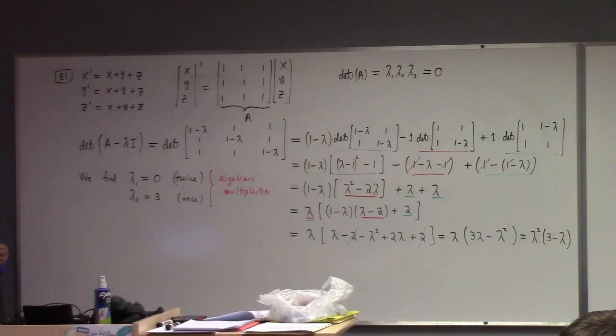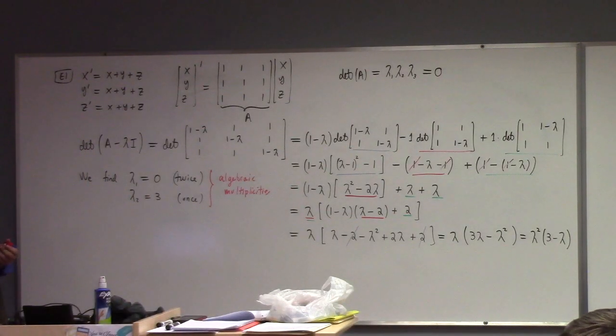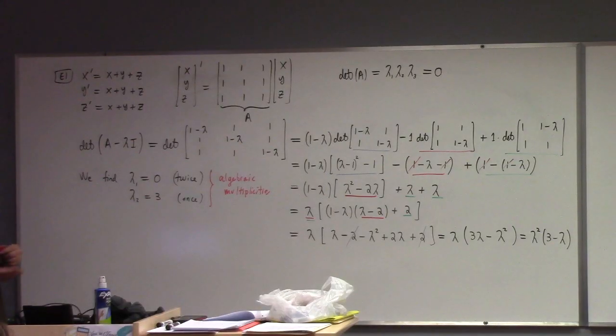Now, the theory of linear algebra says that you can have as many eigenvectors, independently speaking, as the algebraic multiplicity, but you can't have more. And there's always at least one eigenvector for each eigenvalue. That much we can be sure. Now, getting this repeated eigenvalue of 0, it may or may not be the case that we actually get 2 independent eigenvectors. We'll have to see. We have to work it out.